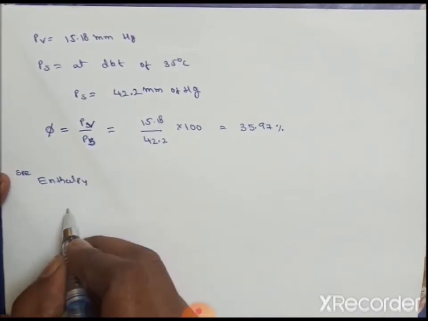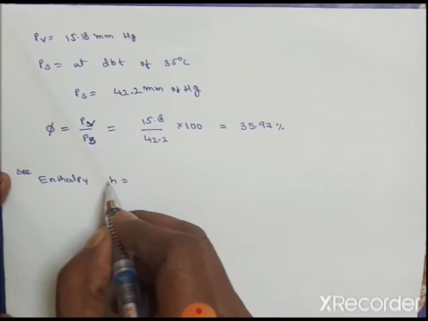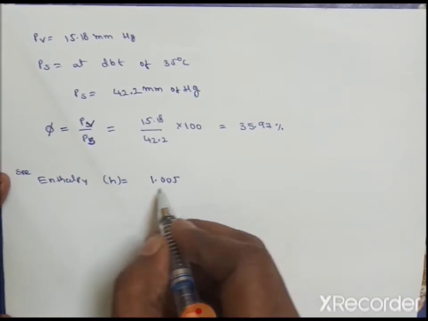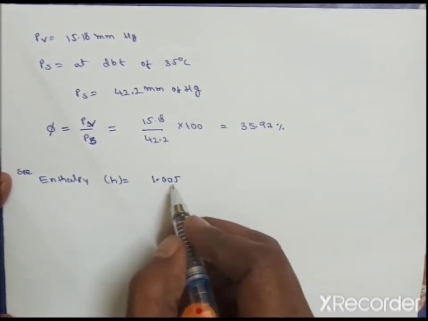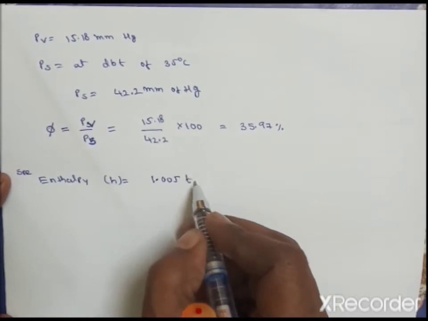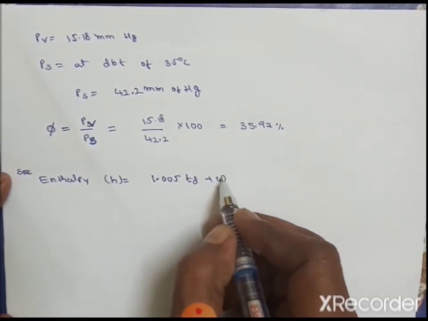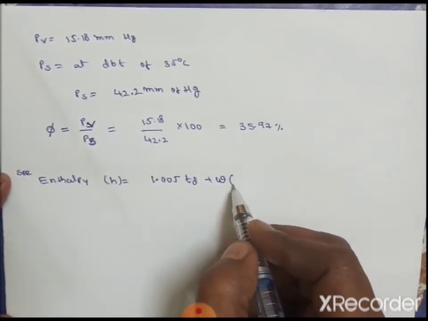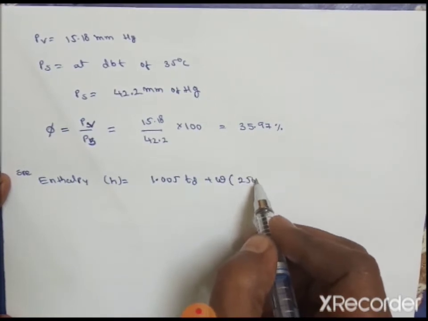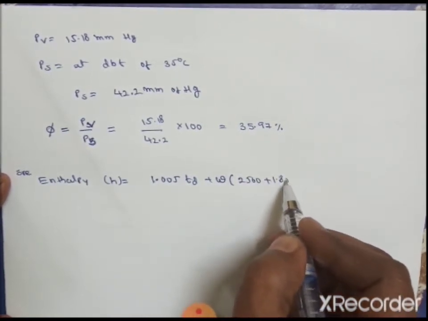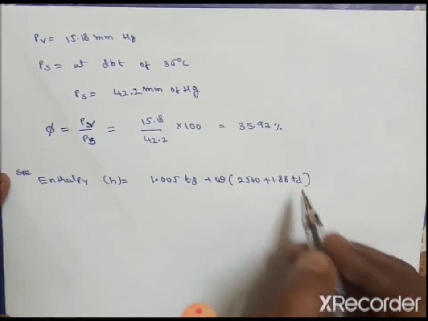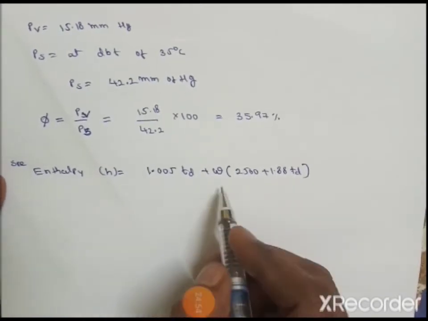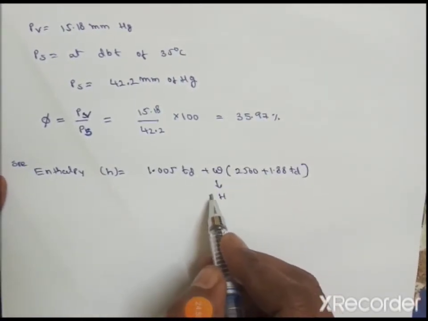We know already that H is equal to 1.005, which we got just now in the derivation, and then the humidity ratio times 2500 plus 1.88 times the dry bulb temperature. From the above equation, the unknown value is the humidity ratio.